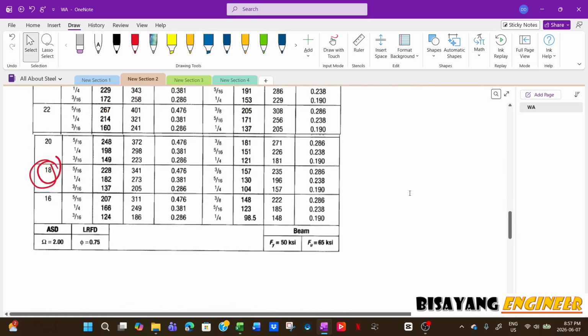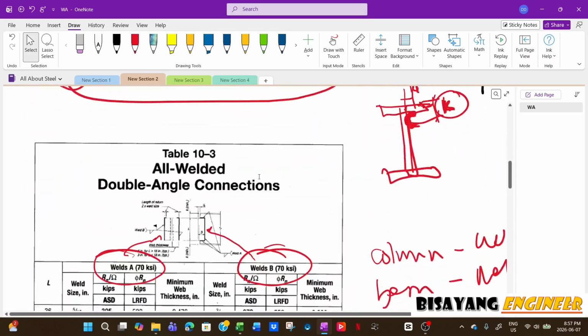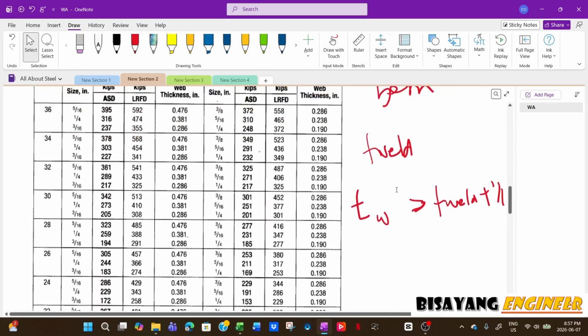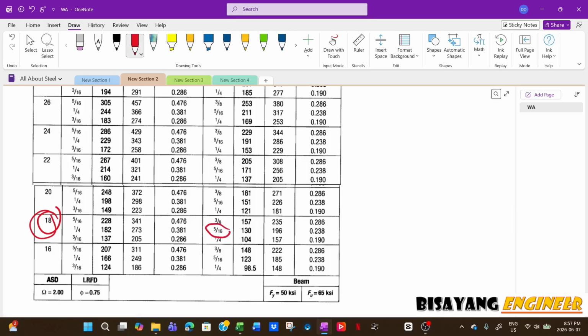For the sake of discussion, we will use the same angle, which is 3/8. So your maximum weld size would be 3/8 minus 1/16. That would be 5/16.